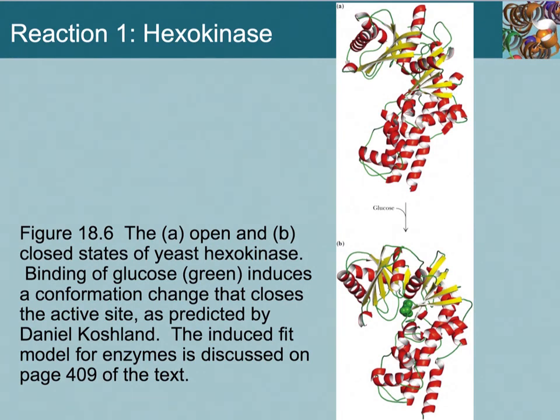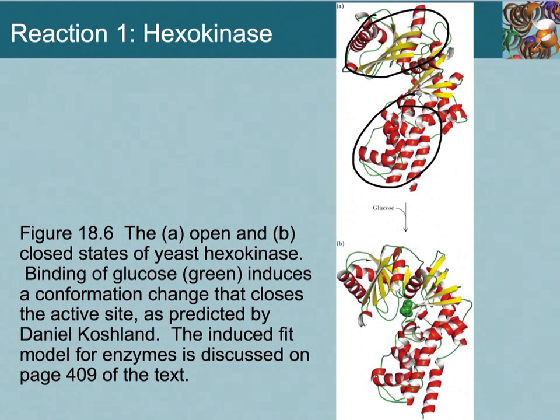So if you look at X-ray crystallographic studies of the yeast hexokinase, it's been revealed that the binding of glucose induces a large conformational change in the enzyme. Hexokinase consists of two lobes. Okay, you can see them here and here.